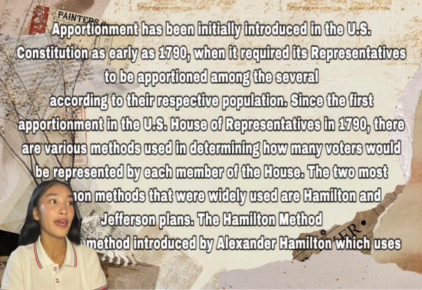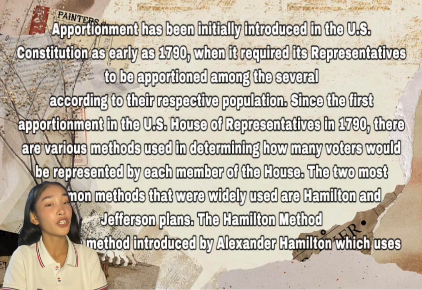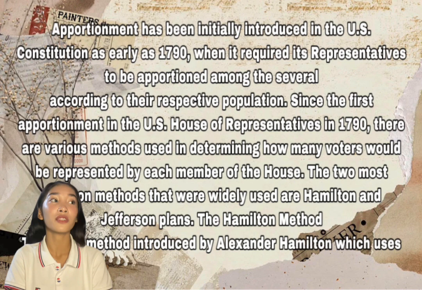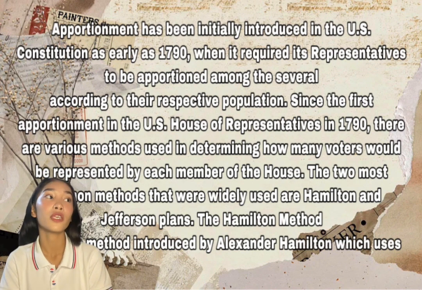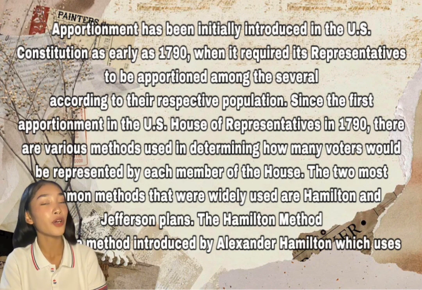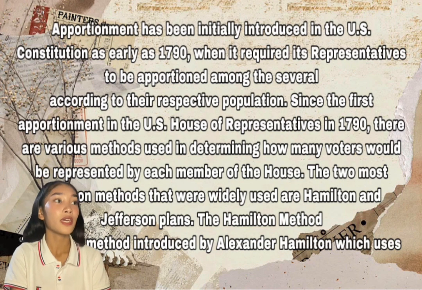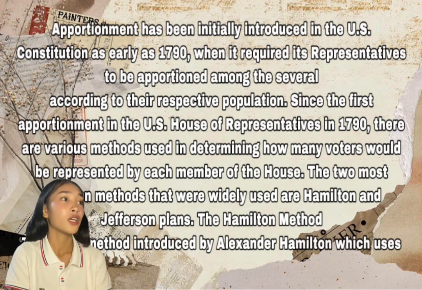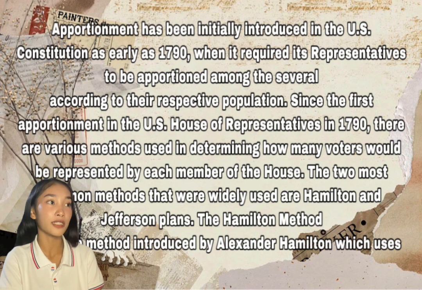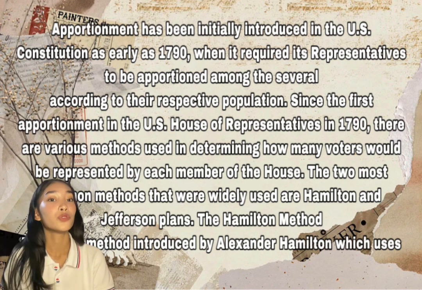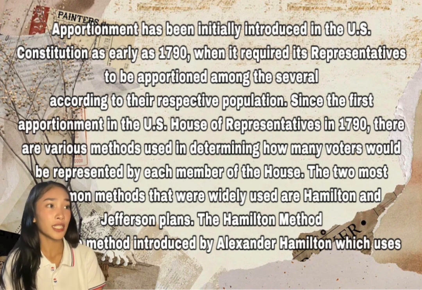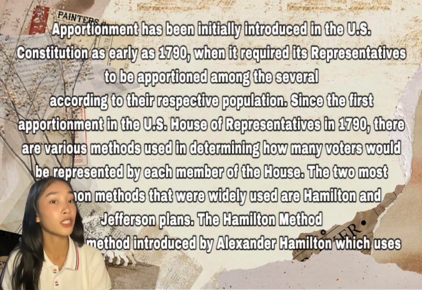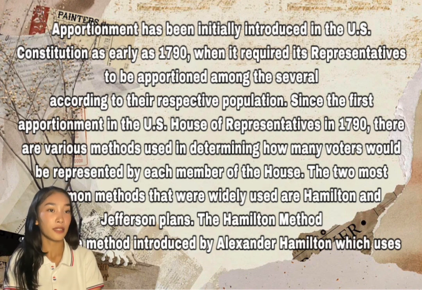The Hamilton method proposed by Alexander Hamilton and the Jefferson method introduced by Thomas Jefferson have been key approaches in distributing House seats, each employing distinct principles in the allocation process. These methods reflect the historical intricacies of representation in the US House of Representatives.